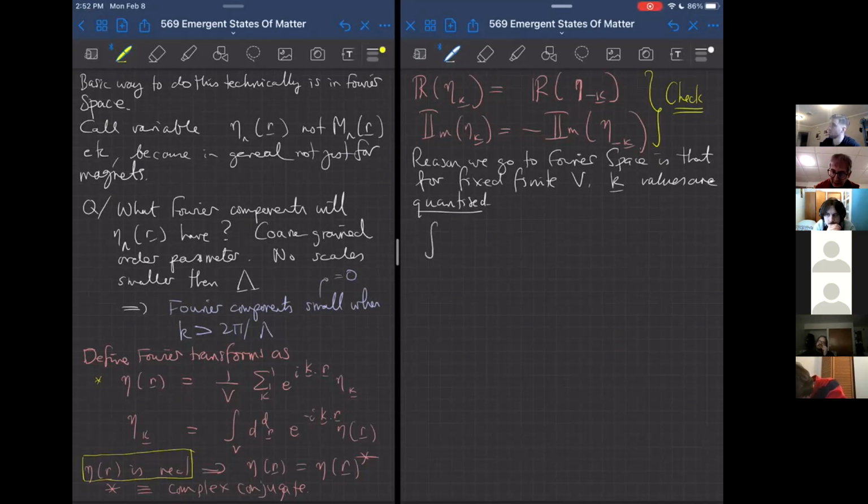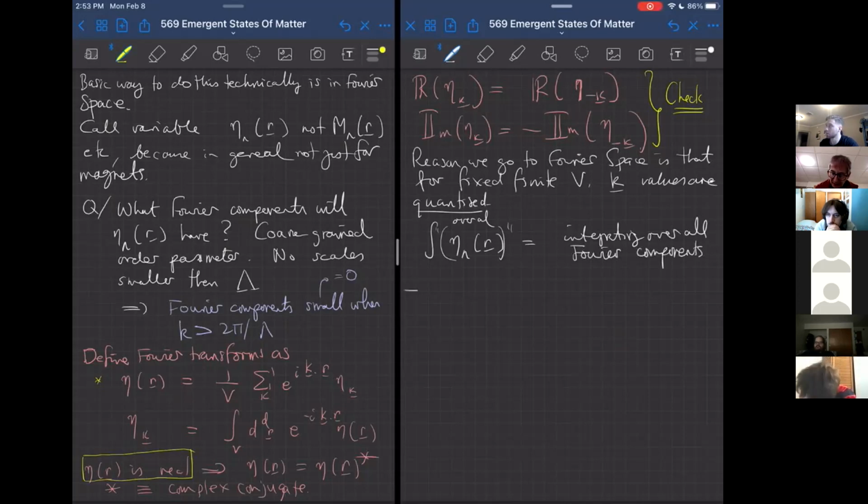So basically what that means is that integrating over all the functions eta of r is the same as integrating over all Fourier components. And we know that we have a discrete set of those.